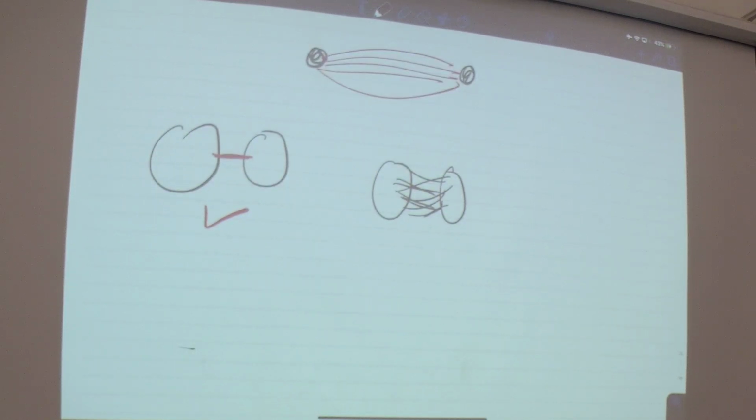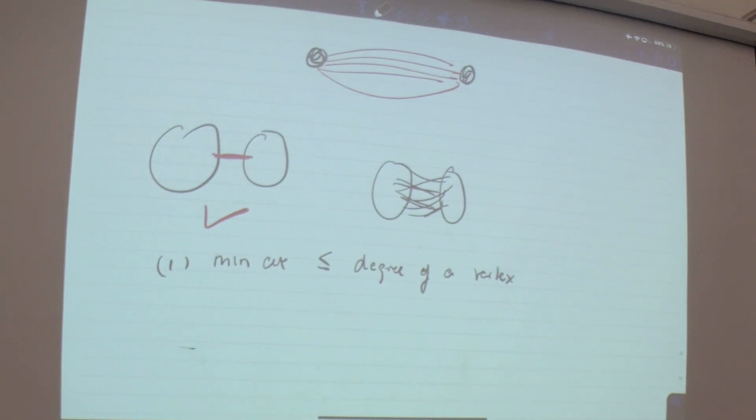Number 1, the min cut is less than or equal to the degree of a vertex. Do we see why? Why is the min cut less than or equal to the degree of a vertex? If I delete all the edges adjacent to a vertex, that's a cut.